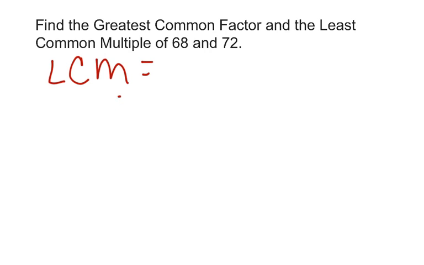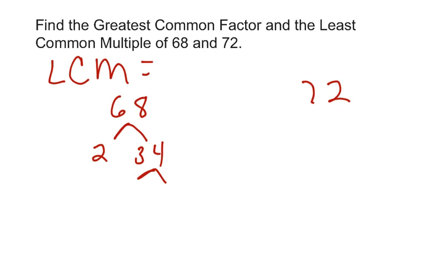So let's factor out 68 and 72. So we have 2 times 34, and then we have 2 times 17. That's my prime factorization. For 72, let's look at this in a different way.